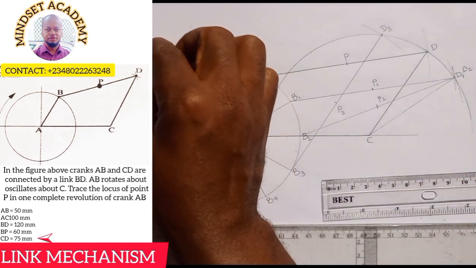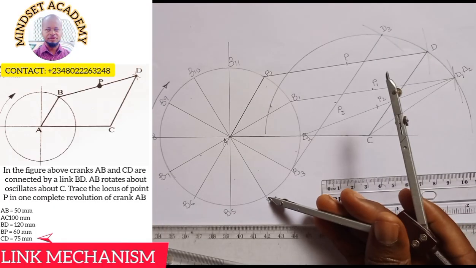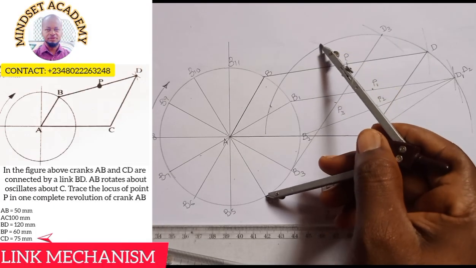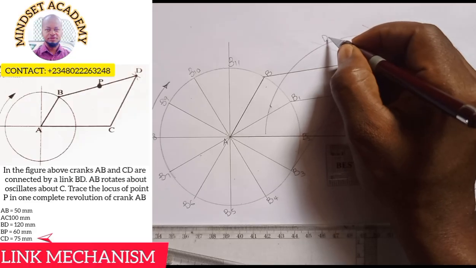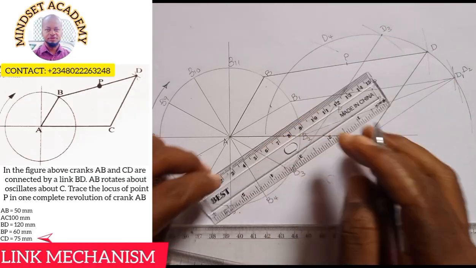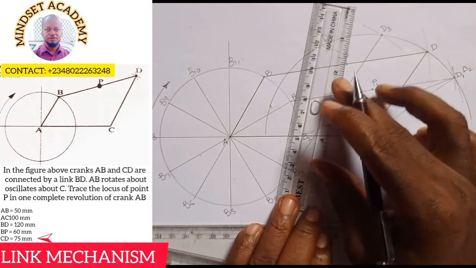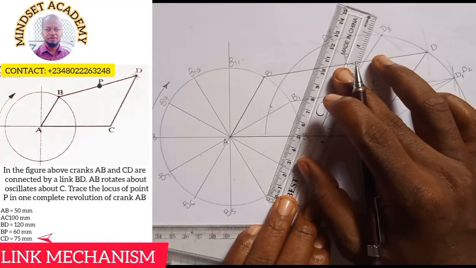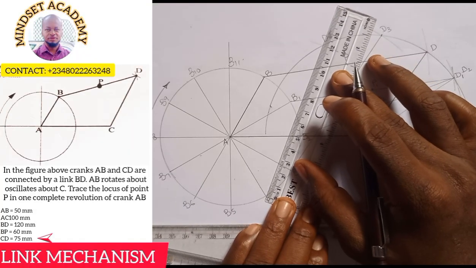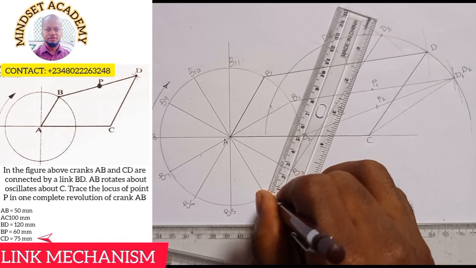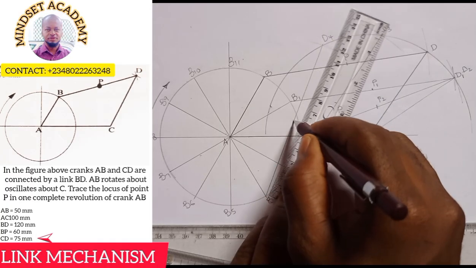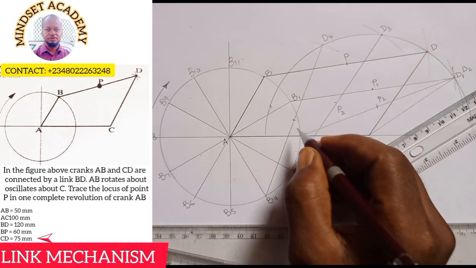Then I'll come again with the same measurement, 120 from B4, the closest place is here. I'm going to have my D4. So connecting from B4 to D4, can you see that? I'll draw my faint line, half of it is 60. That'll give my P4.